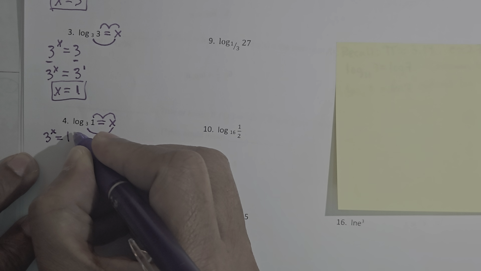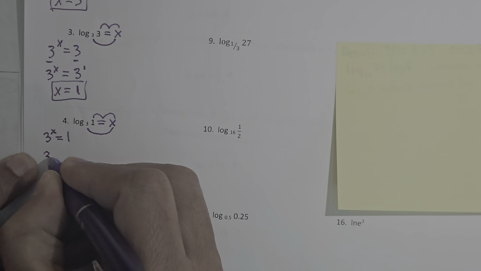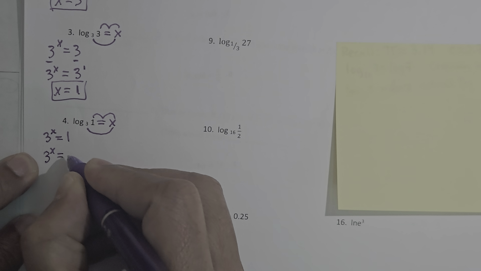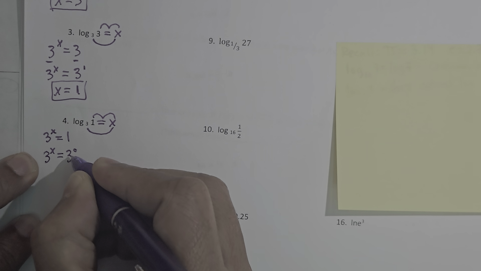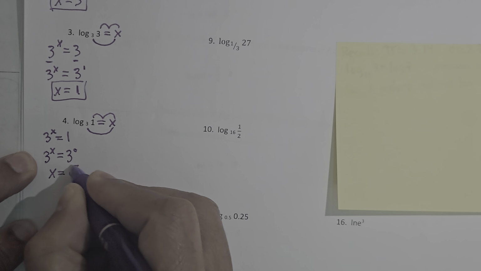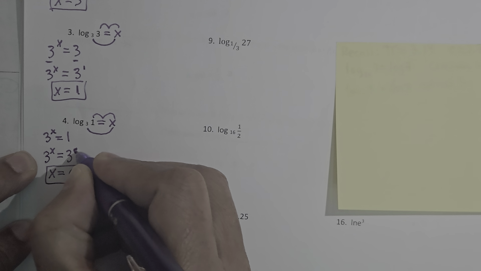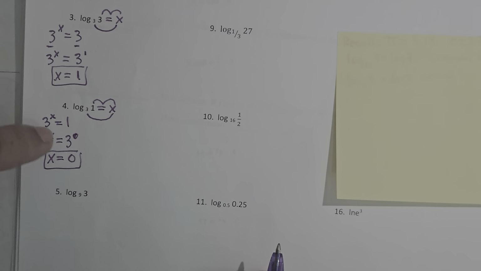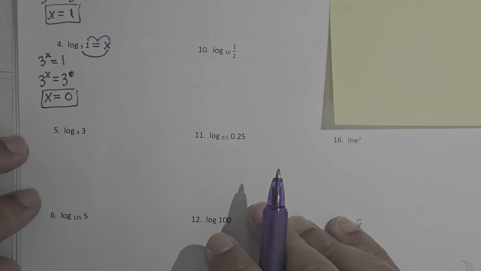So the only way this is possible is if we have 3 to the x equals 3 to the 0 power, which is 1. So then that means the value of x in this case is 0, and that's the answer to that example. Okay, so this is going to come in handy since we've seen it before.